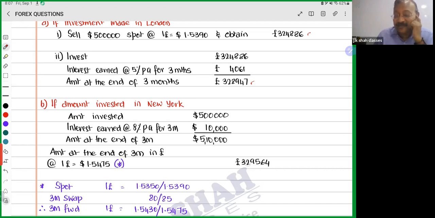And bid ask was something which I taught in the first lecture. Anyone else who has not understood any part of this, let me know.